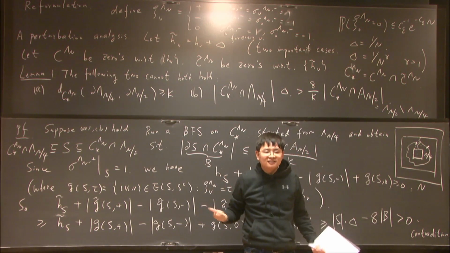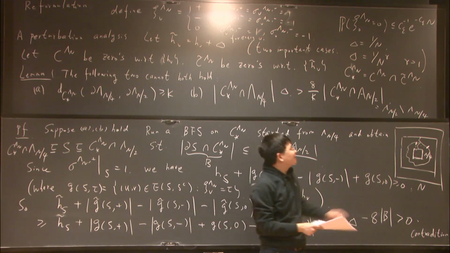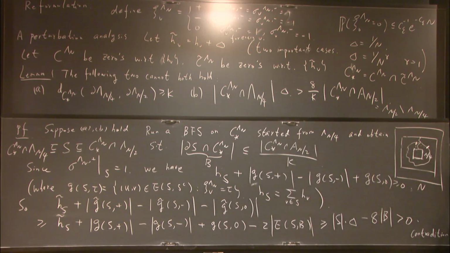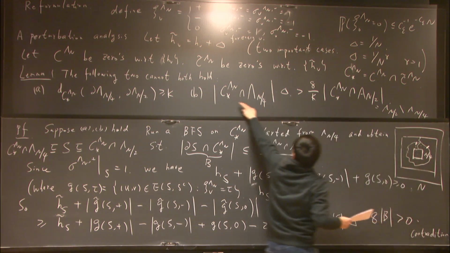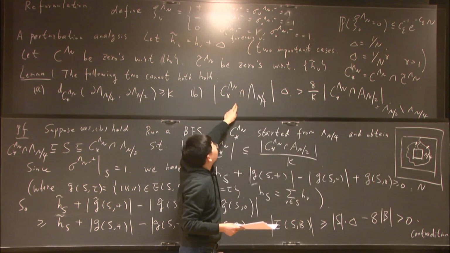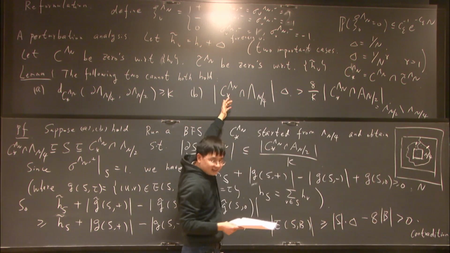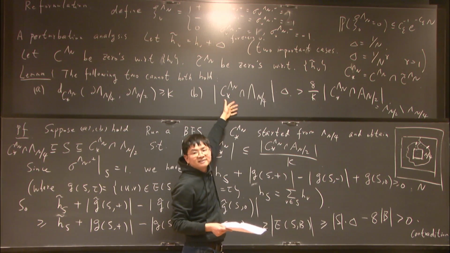If they are equal, if this set equals that set, then we are done. Then it cannot be the case because it violates lemma 1.